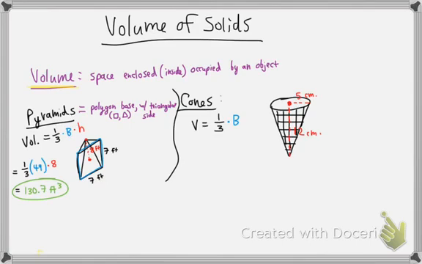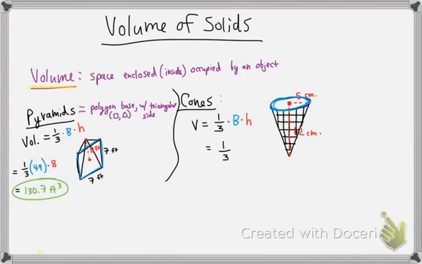And the reason why I said it's similar but not the same, you'll see why here. Okay, we've got to do 1/3 of the base. Before you write something down, you have to realize our base in this example is not a box or a triangle. This is our base. Our base is actually a circle, okay?